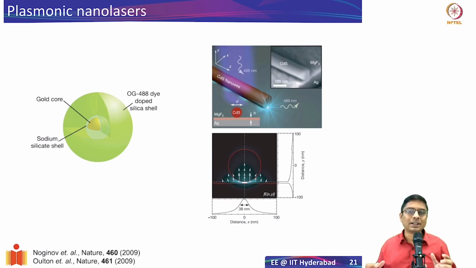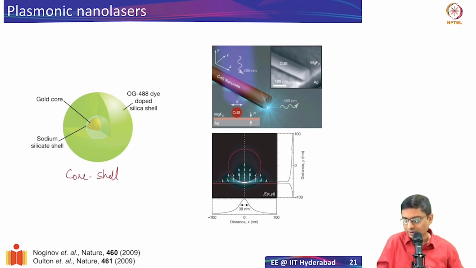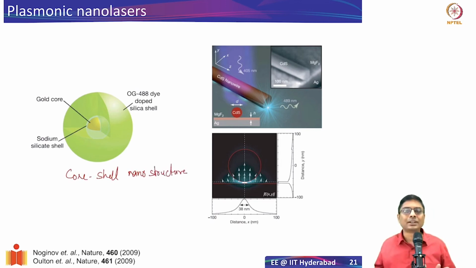So the dye essentially acted like a gain medium, and the gold core acted like the source of surface plasmons. This is what we call a core shell nanostructure. They saw that the wavelength of the emitted light is very narrow, indicating that there is lasing.